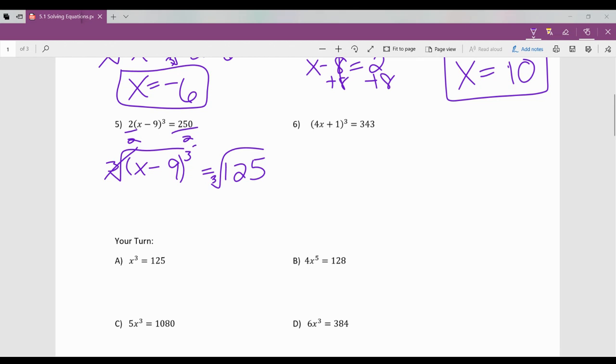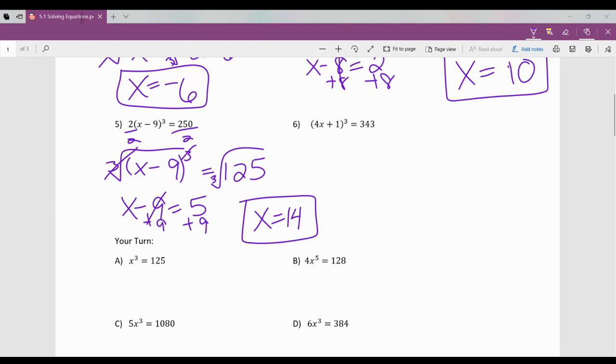So the root and the exponent cancel each other out. X minus 9 is going to equal, and now this is the third root of 125, so what number times itself 3 times is going to give me 125? That's 5. Now we're going to add 9 to both sides to solve for x. So x is equal to 14.